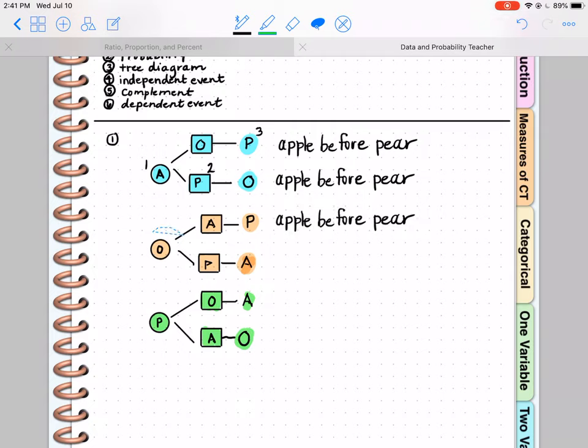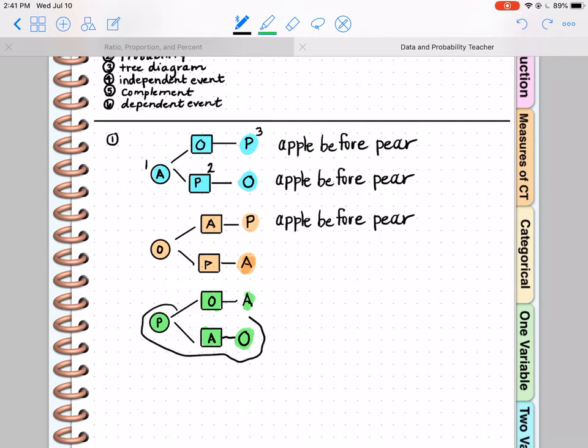Okay, in this scenario, orange, pear, apple. In this case, the pear is before the apple, so no, that one is not one of my possibilities. Pear, orange, apple. Well, the apple is not before the pear in that one.